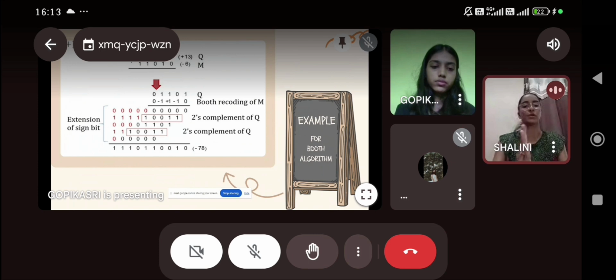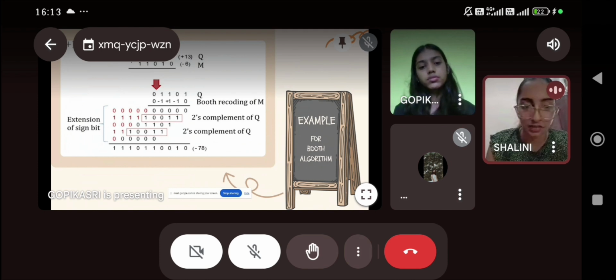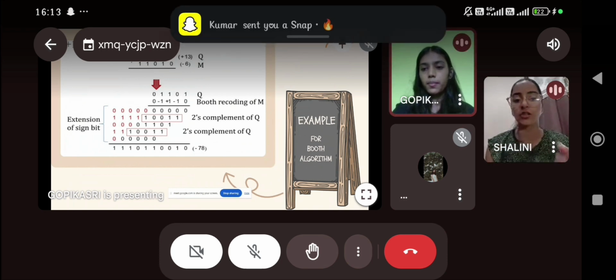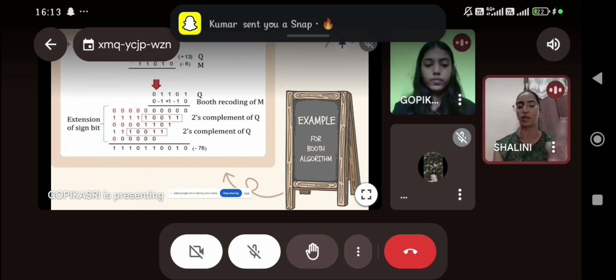Since the most significant bit is 1, we extend the rest with 1. Next, we are multiplying 1 with q, so the same value will be the result and the extension bit will be 0, as the most significant bit of q is 0. Then again we have minus 1, which is again the 2's complement of q, so the extension of the sign bit will be 1.